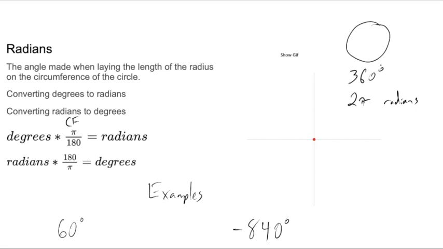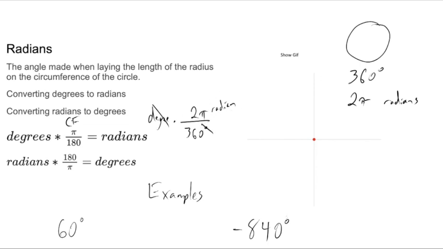So we're saying that 2 pi is equal to 360 degrees. So I'm able to get rid of my degree sign. So the unit of degrees would cancel, and I would be left with my radians.